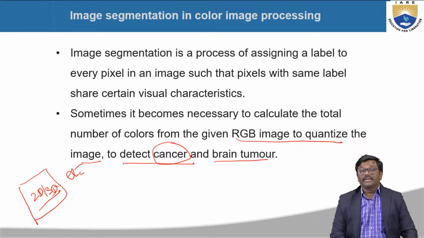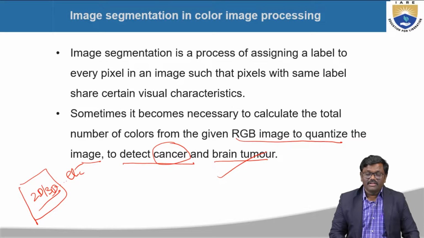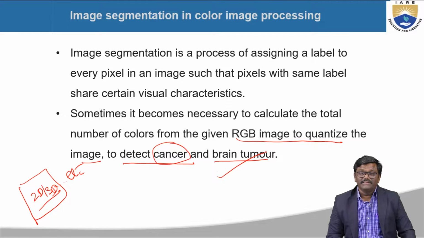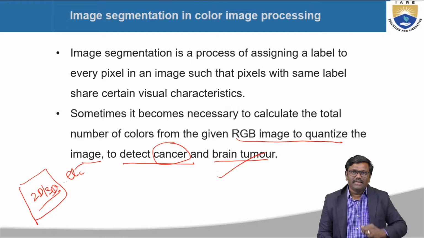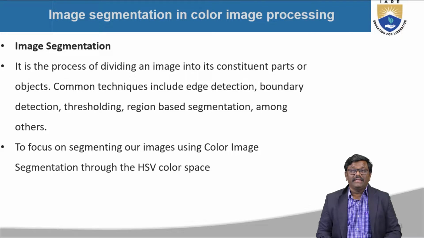What is the selected image? Your selected image is a brain tumor image, maybe considered as an MRI image, which you are concentrating on here in the aspect of detecting cancer issues.